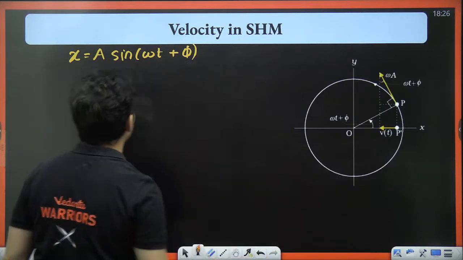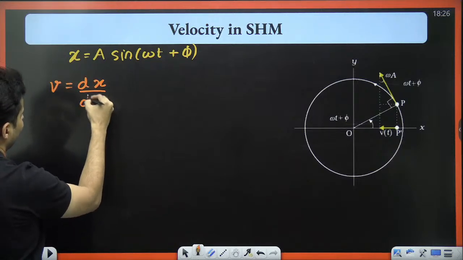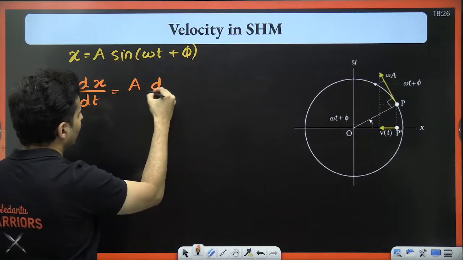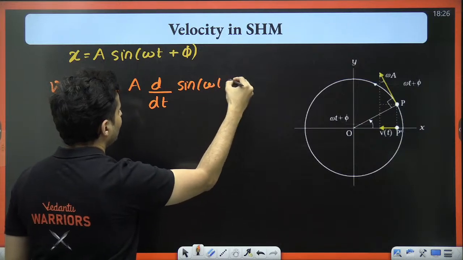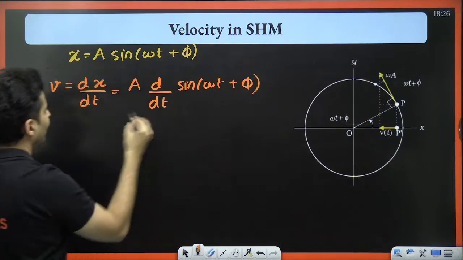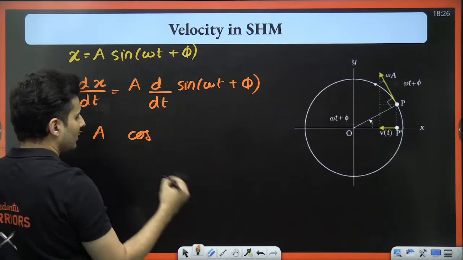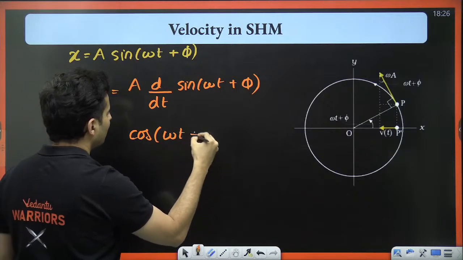If I want to find the velocity, velocity is nothing but the derivative of x with respect to time. When I take the derivative, a is a constant, so take it outside, d by dt of sine omega t plus phi. Now when I take the derivative, what will happen? Sine's derivative is nothing but cos. So cos omega t plus phi.